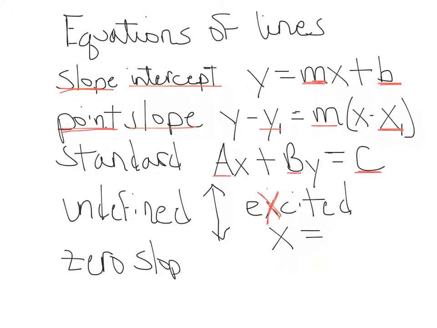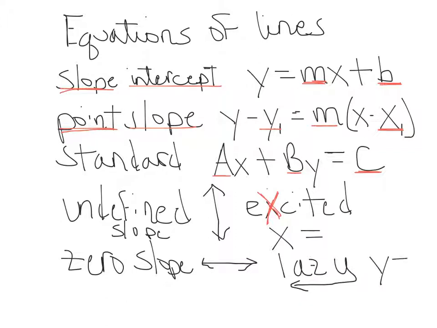We have undefined slope and 0 slope. So a 0 slope goes like this, and I call that a lazy line. And it is a y equals. And you can see the y here in the word lazy.